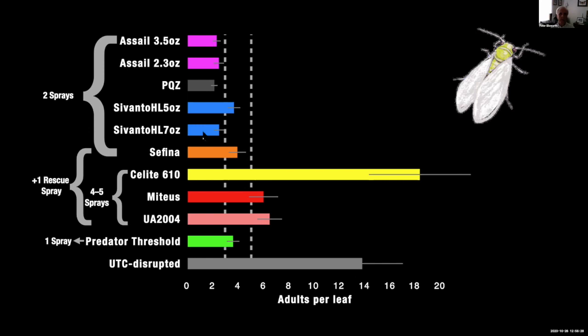The high rate of Sivanto did look significantly better than the low rate. Sefina, a good material, not as strong as these others, and that's reflected in this rating here as well. And then you can see where Mitius didn't do as much as we'd like it to do, but does show some suppression of whiteflies. And our predator threshold was certainly in line with some of our standards.